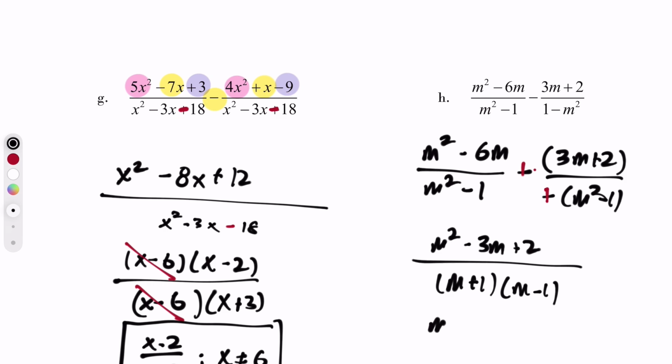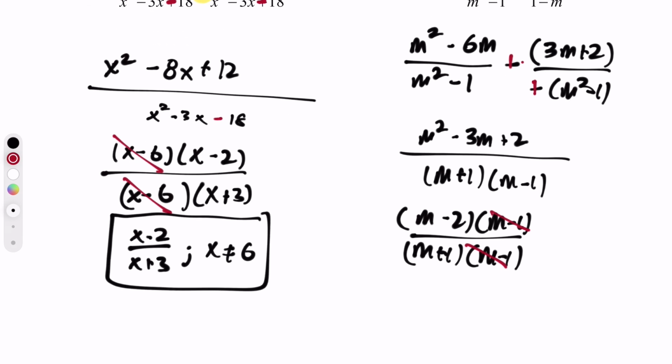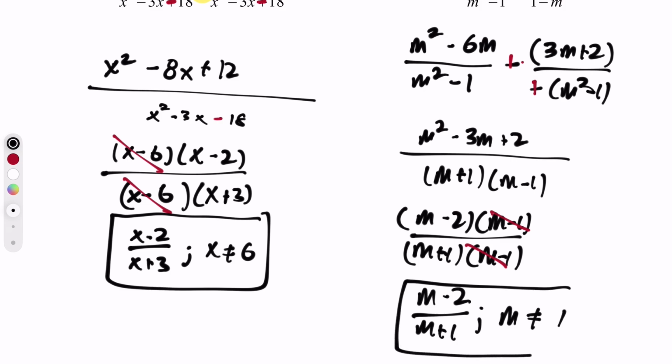It's going to be m minus 2, m minus 1, and I've already got my denominator. So then cancel, cancel. And my final answer is m minus 2 over m plus 1, provided that m does not equal 1, or m is not allowed to equal 1.